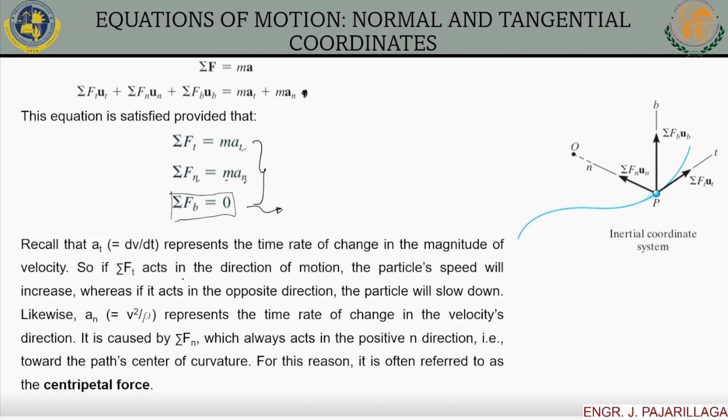So, if we remember that the tangential acceleration represents the time rate of change in the magnitude of the velocity, so kung maalala natin, if a particle has a given velocity, for example, ito yung particle natin, at ang sabi sa kanya, this is the velocity and he is traveling along this path, the given velocity is always the tangential velocity. Okay? There is no normal component of the velocity.